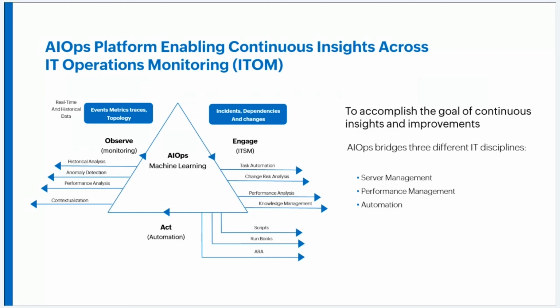So, you could perform an automation. As I mentioned, it contains three different disciplines inside the monitoring itself: server management, application performance management, and then automation. With a unified way, it doesn't require you to switch to multiple solutions, because all these can be integrated in a single tool itself.